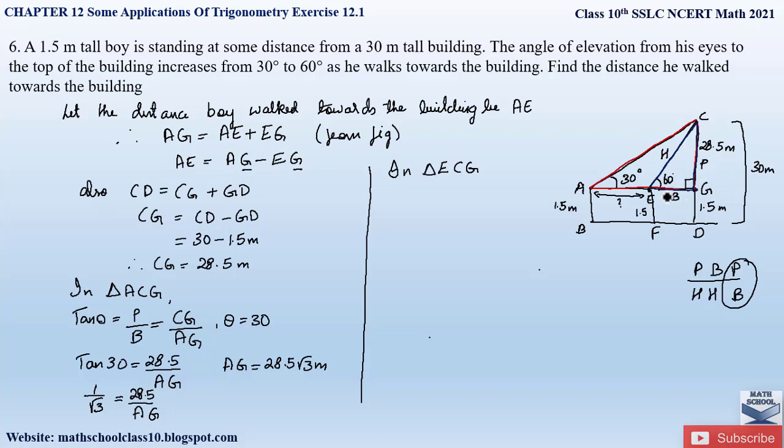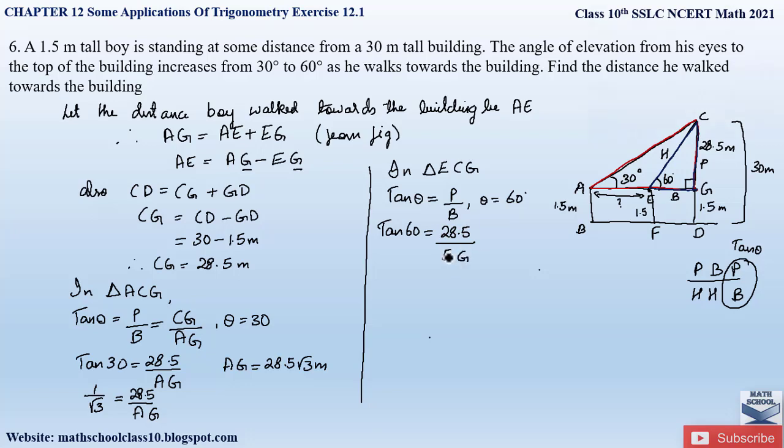Again we have to find out the base side given our perpendicular, so we can apply tan theta, which is perpendicular by base. So in triangle ECG, tan theta is equal to perpendicular by base, where the theta value is now 60 degree. So tan 60 is equal to the perpendicular CG, which is 28.5 meter, divided by the base EG.